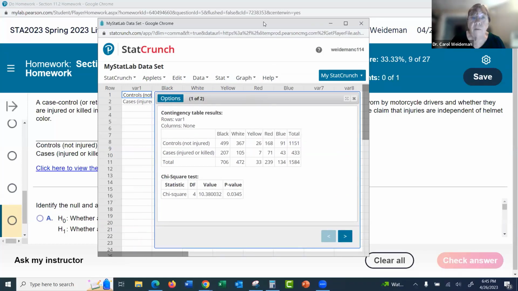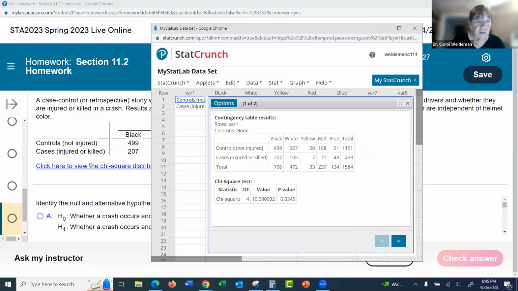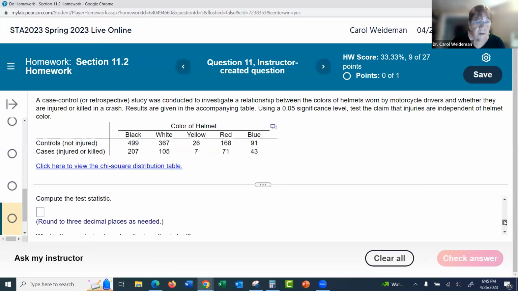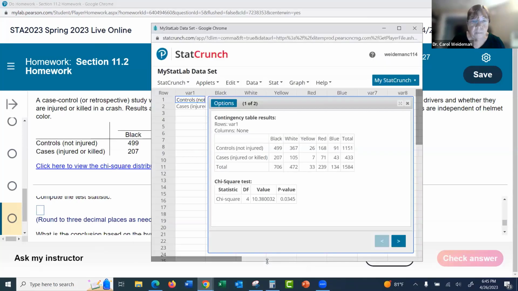Here's my p-value. So let's take a look at the question. They want 3 decimals. So my test statistic is 10.380.